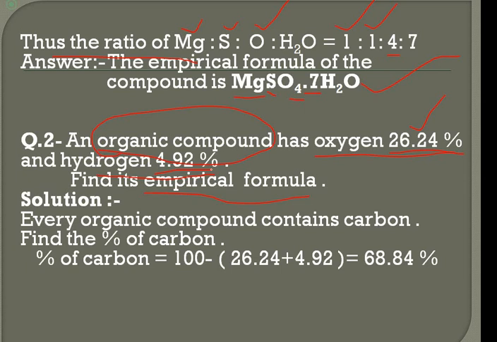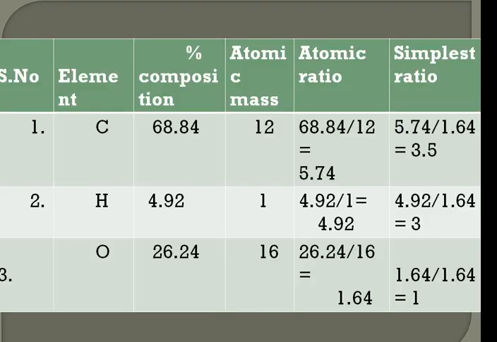So you need to calculate the percentage composition of carbon. How do you calculate it? The total is 100, and we know the values of hydrogen and oxygen. Just add the values of hydrogen and oxygen and subtract the sum from 100. So we will get the percentage composition of carbon here. Understand this thing? Okay.